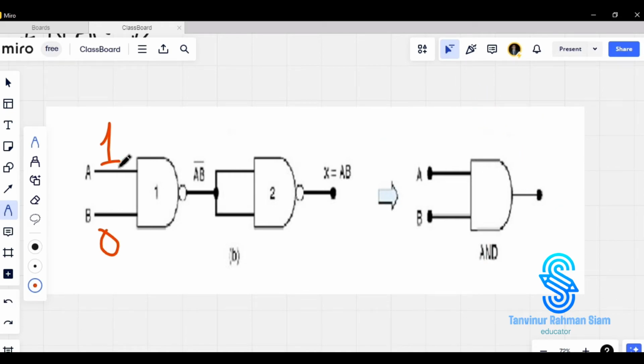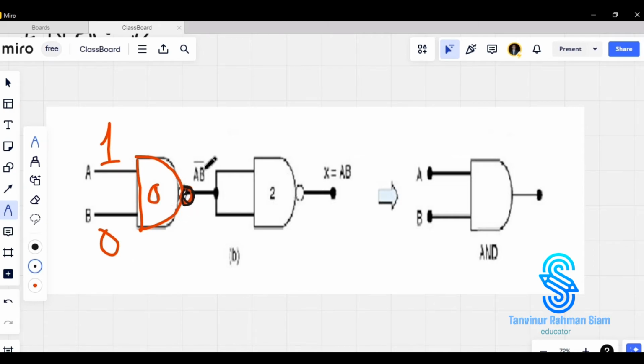So see, you are giving as input 1 and 0. Just consider this. This is AND gate. And in this AND gate section, you are having 0 here. Why? 1 0 gives us 0 in AND gate. In case of this, what is this? This is nothing but the symbol of NOT gate.